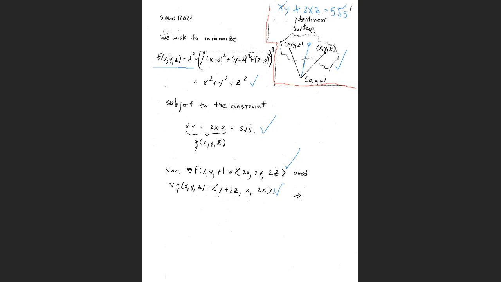Think we're good here? All right, so then if the gradient of f equals lambda times the gradient of g, that's going to yield these Lagrangian equations, equations 1, 2, and 3.